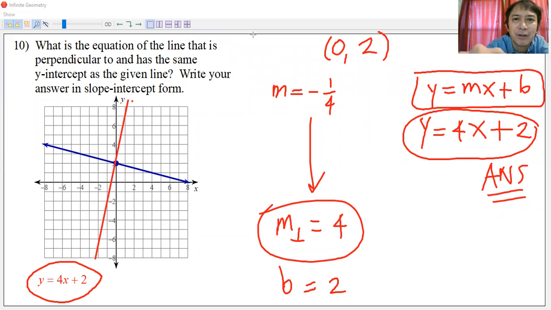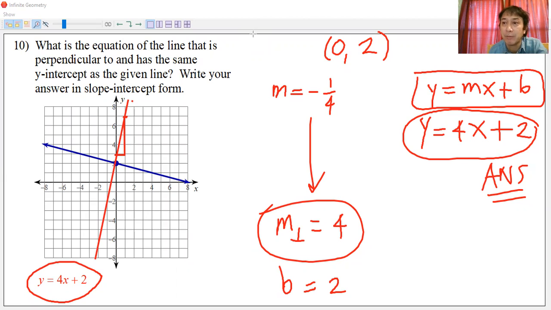It's 4 over 1. The vertical is 4 and the 1 is horizontal.